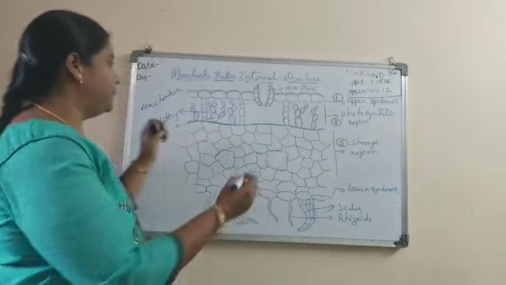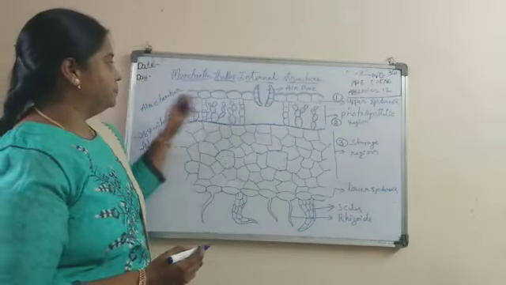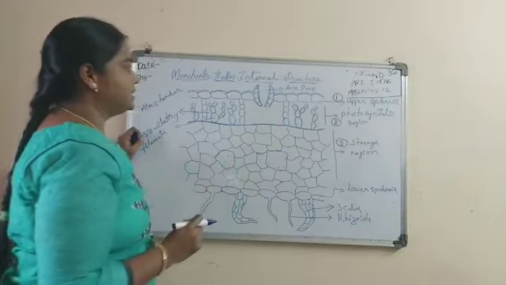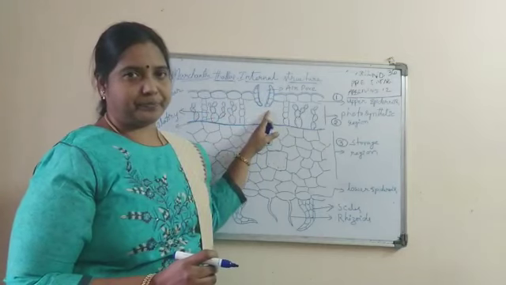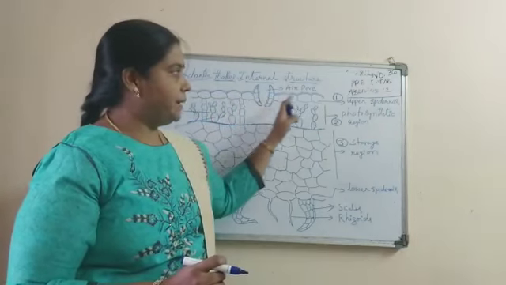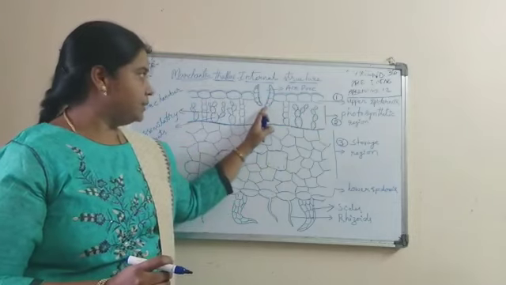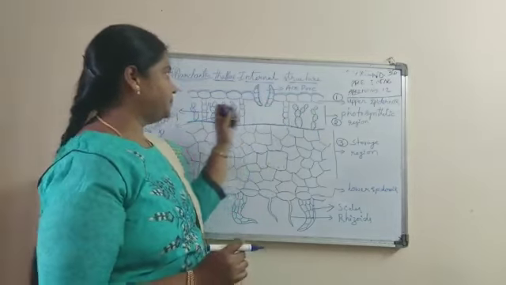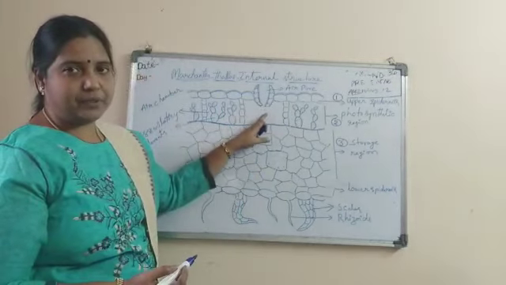The upper epidermis has a single layer of epidermal cells, and it is interrupted with air pores. The upper epidermal layer is not a continuous layer. It is interrupted with air pores. So these air pores are barrel shaped air pores.